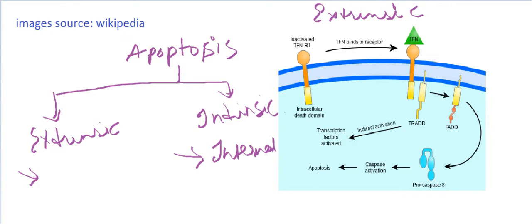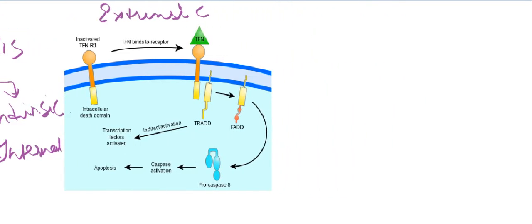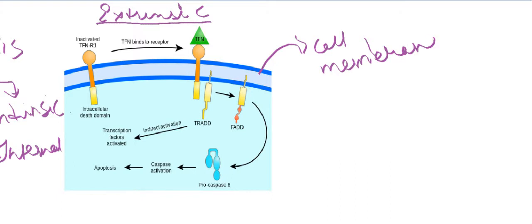The diagram which you see here represents the extrinsic pathway. So this is the cell membrane. Our cell membrane has various receptors, okay? One receptor is the tumor necrosis factor receptor.